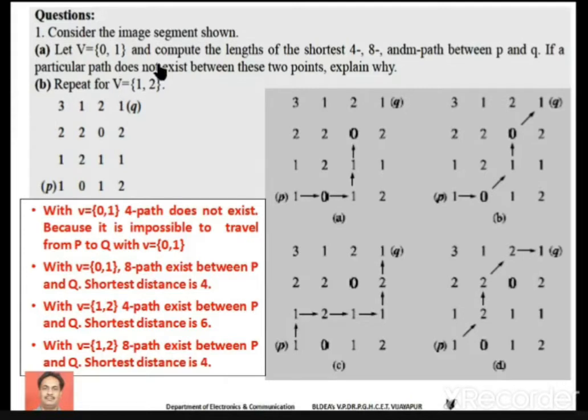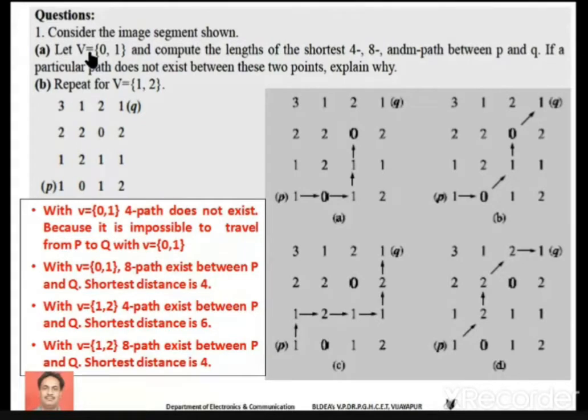So he is asking to find out the length of the shortest 4, 8 and m path between P and Q. And also he says if a particular path does not exist between these two points, explain why. This is bit A. And in bit B, we have to repeat the same with V equal to {1, 2}. Let us see what is the meaning of this problem.